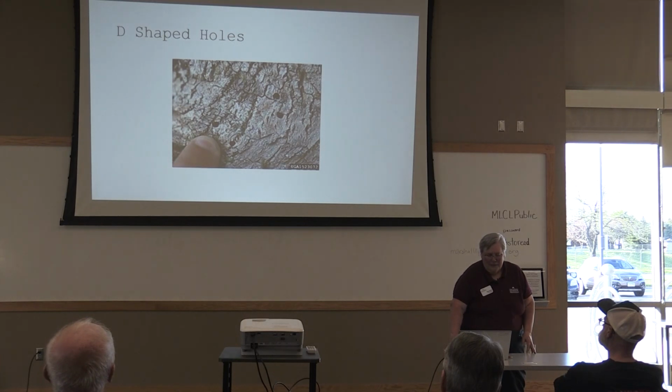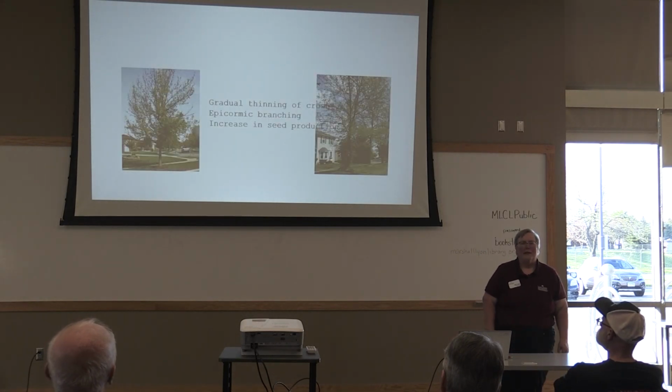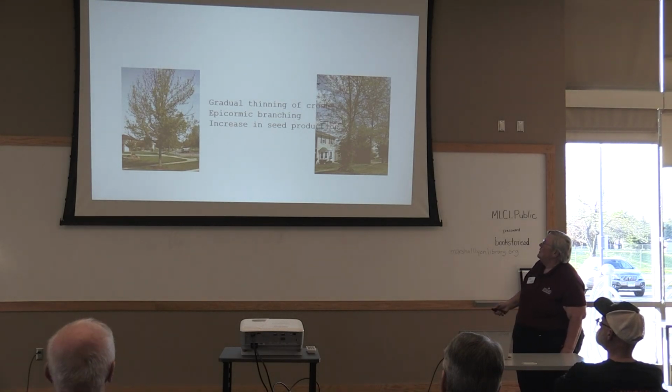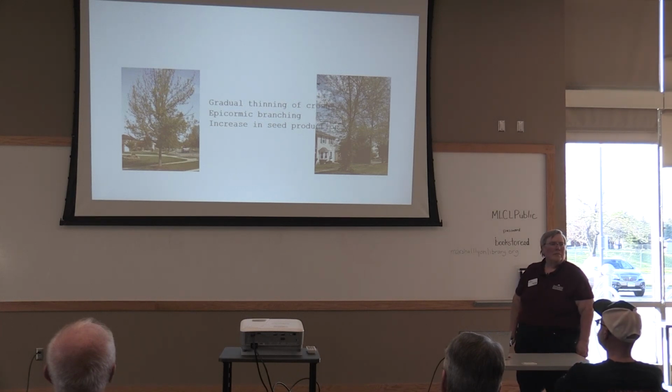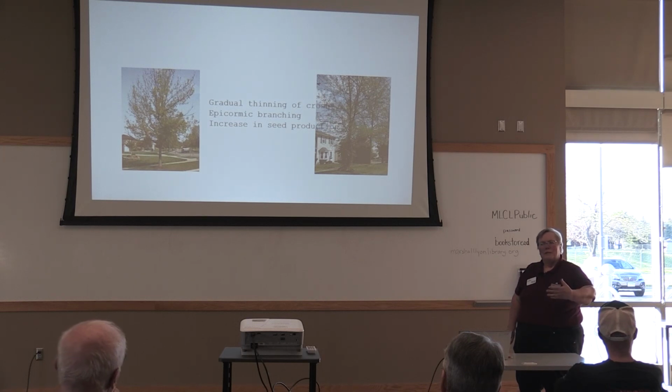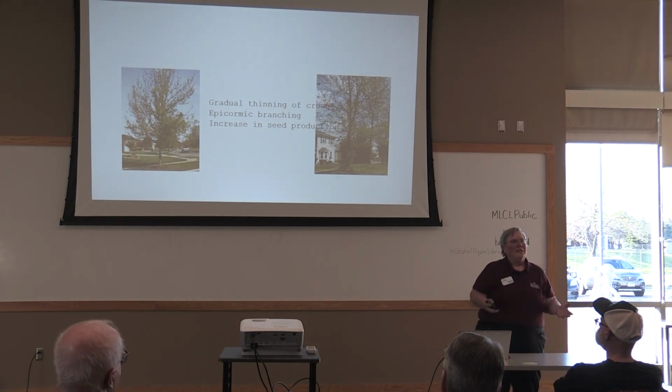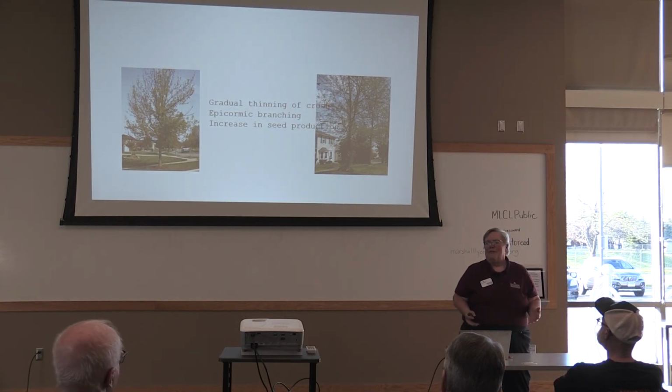So when I talk about gradual thinning of the crown, you're looking for less leaves. This tree is about 50% impacted by the borer, but it's been very gradual. You don't lose all the leaves at once. They don't all change color. The best thing I can suggest you to do is this year when the tree is fully leafed out, the end of May, the first part of June, go out and take some pictures of it.